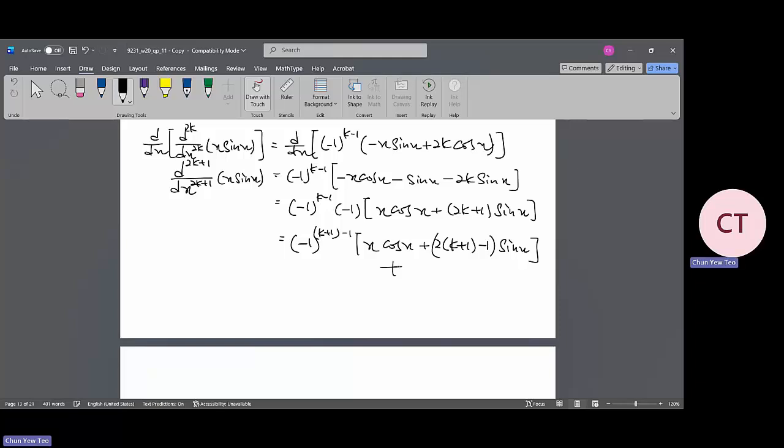So it's true for n equal to k plus 1. Then conclusion.